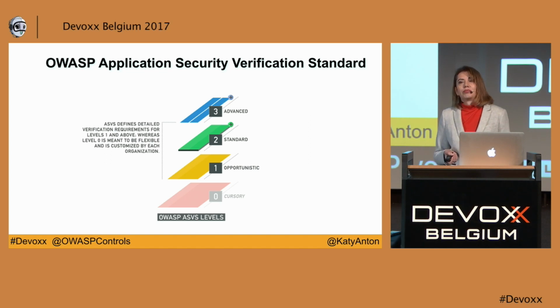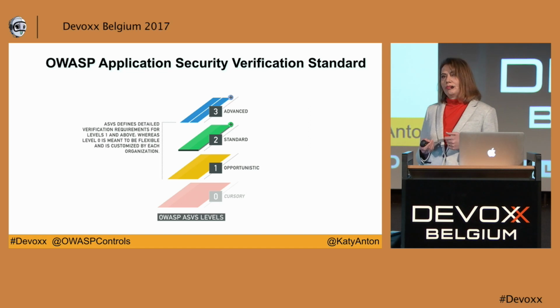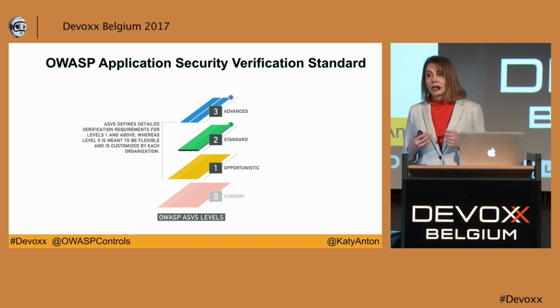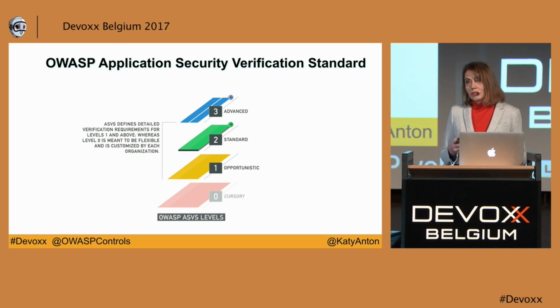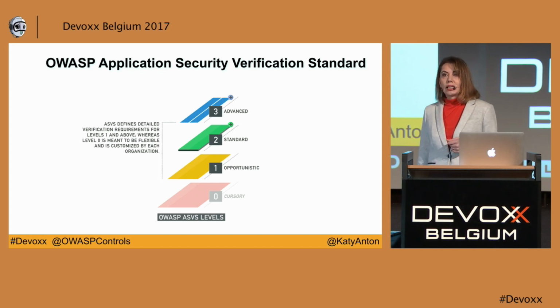And level 3 is for those applications that you really do care about. Those applications that are really critical to the business. And in case of a data breach, well, there are going to be serious financial consequences. Those type of applications must be verified at level 3.